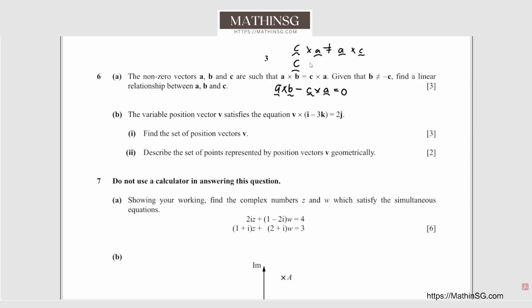So c cross a equals negative a cross c. So I'm going to change the sign of this. This will now become negative a cross c, and negative becomes positive. So this is what I have. Now when I reach this point, I can factorize out a.